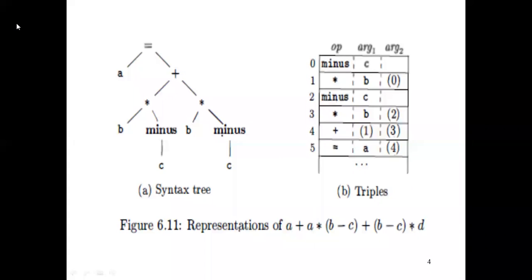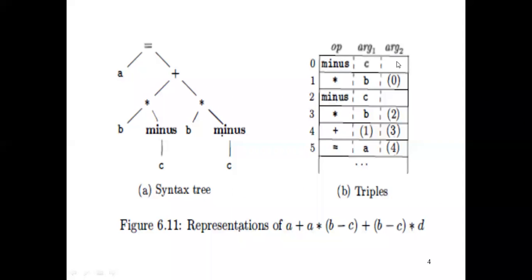But in case of the triples, now you are going to draw the table for the same given expression, A equal to B star minus C plus B star minus C. How will you write the triples? Here you can draw the table and write operator, argument 1, argument 2, no column for the result.